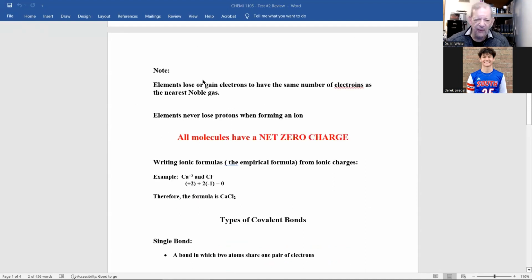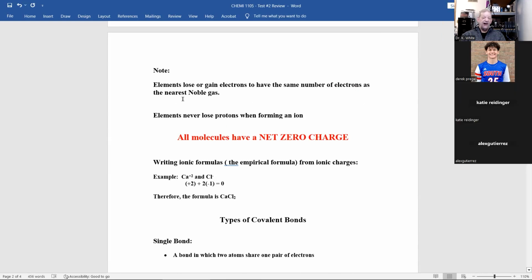Now, elements lose or gain electrons, just like I just said. Ooh, that's definitely a spelling error. Oh, I created a new subatomic particle, electroniums. No, spelling error. Now, as I just noted, elements lose or gain electrons. They have the same number of electrons as the nearest noble gas.